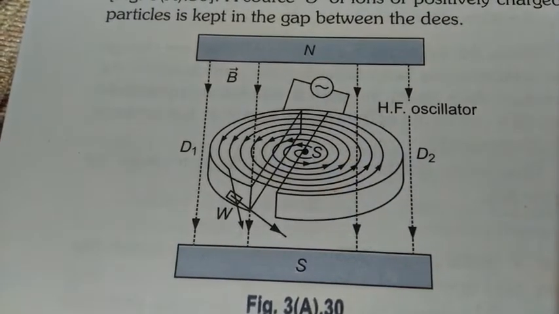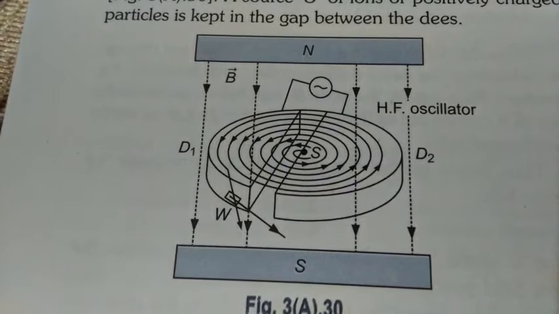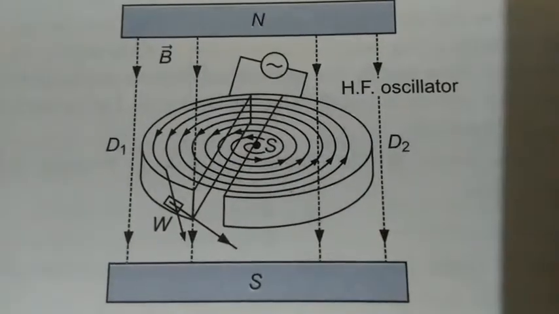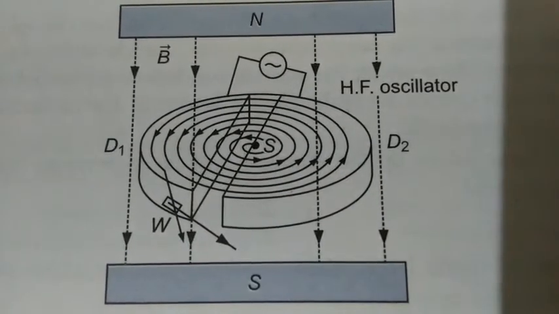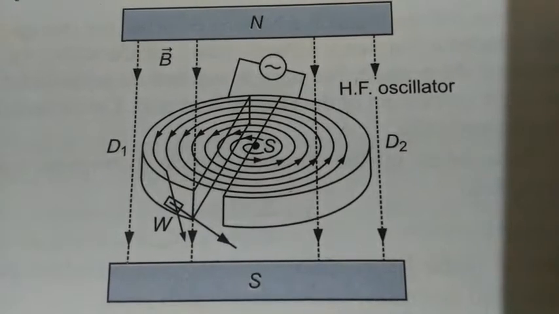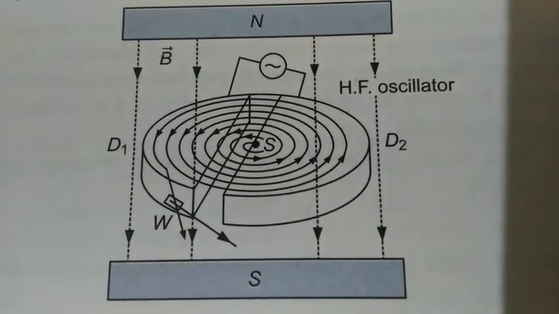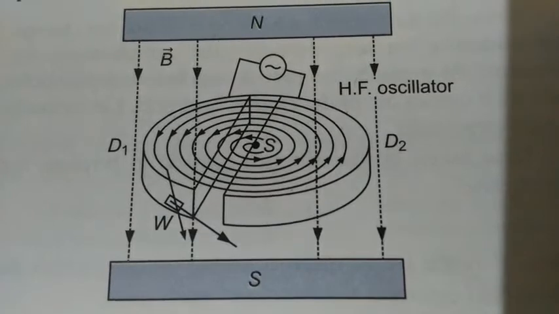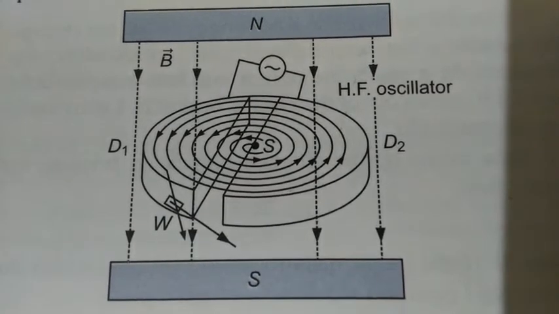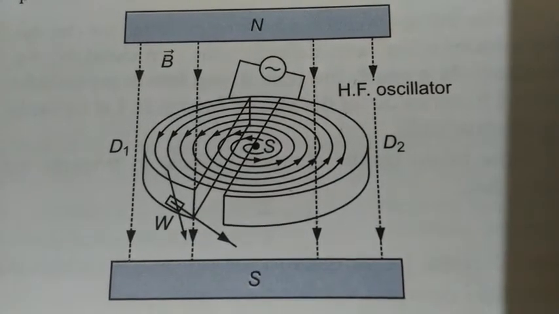So here the particle is moving in circular path because of magnetic field, and because of electric field, the radius of the circular path is slowly increasing.